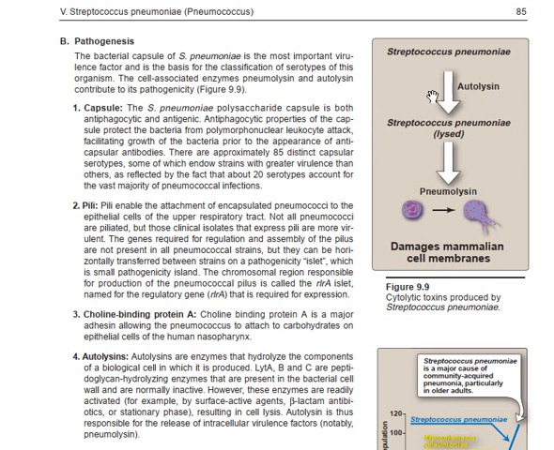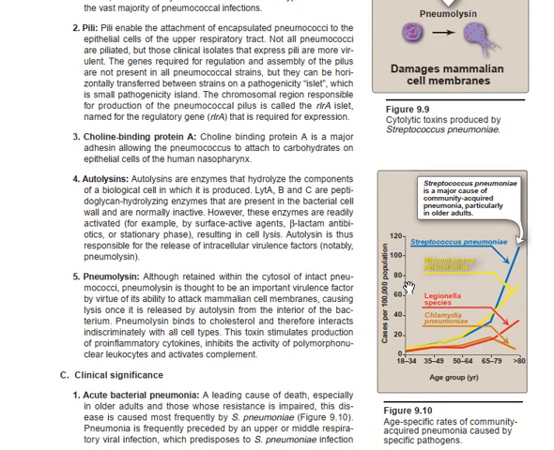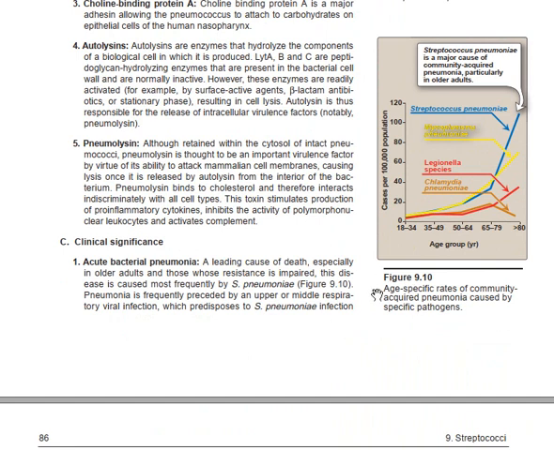Is it clear? That toxin is called pneumolysin, which results in the destruction of the mammalian cell membrane. Now, what is the age-specific rate of community-acquired pneumonia according to the different ages?